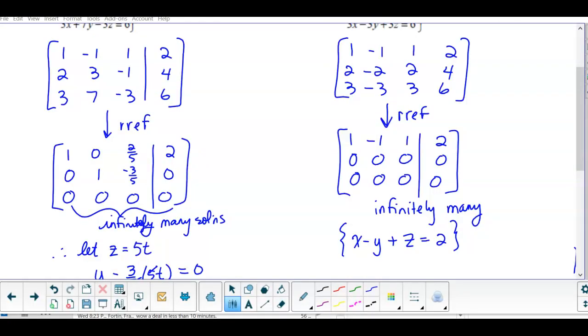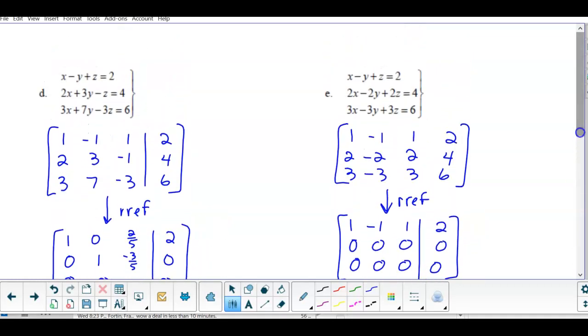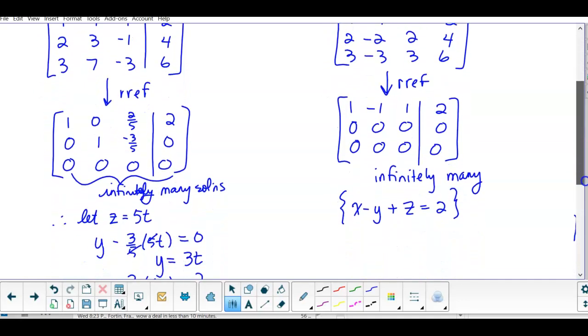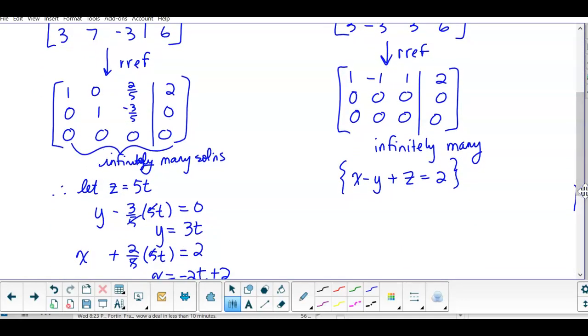So here, this produces the last two lines are 0, so infinitely many solutions. If you take a look back, these are all multiples of each other. So you know it's the exact same thing, exact same equation. These are representing planes, so they are exactly the same plane, so they intersect in an infinite number of points, and you can just choose one of those equations as your solution.